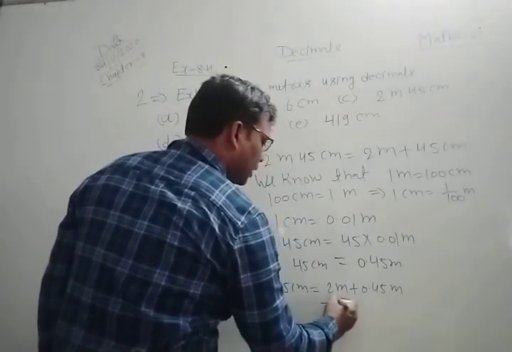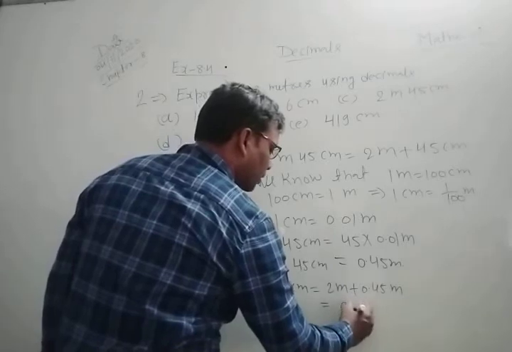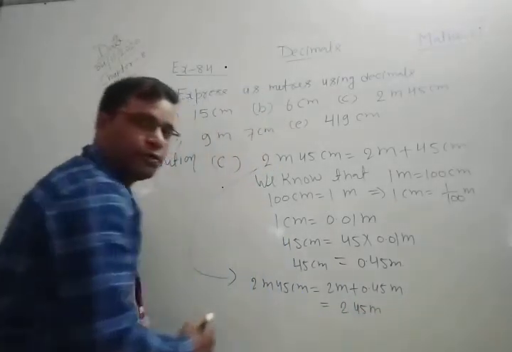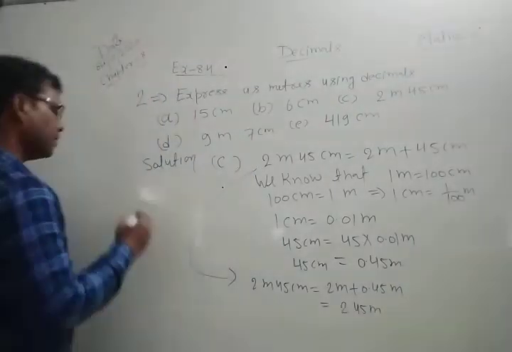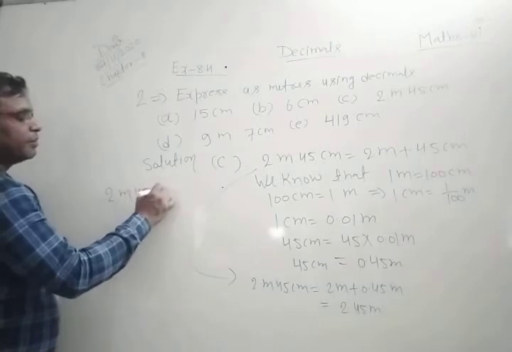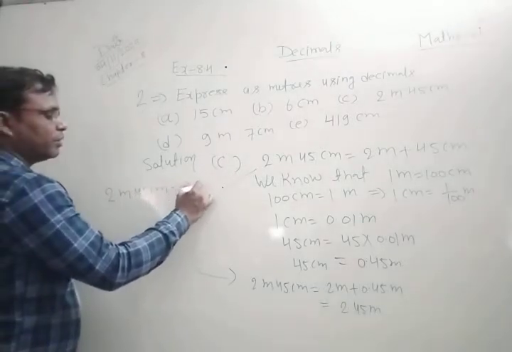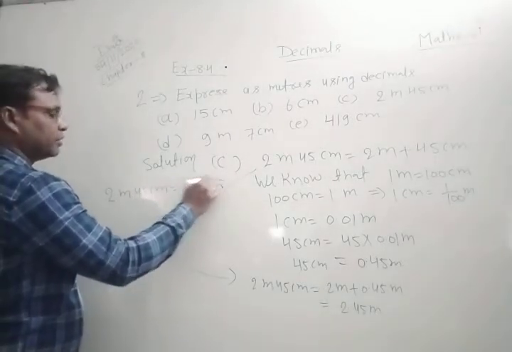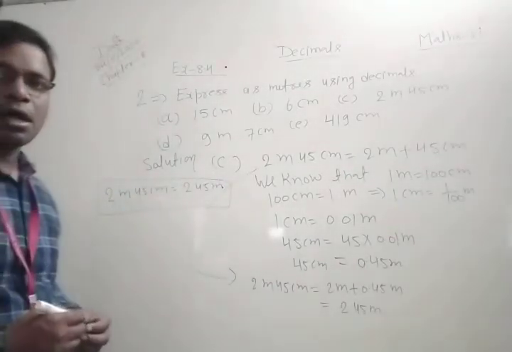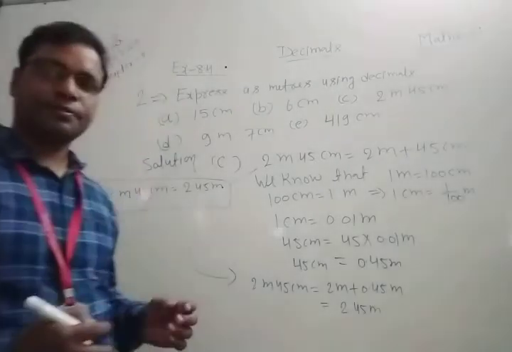This is equal to 2.45 meters. So in this way you can see we convert 2 meter 45 centimeter. This is equal to 2.45 meters. So student, I hope all of you understood this question.